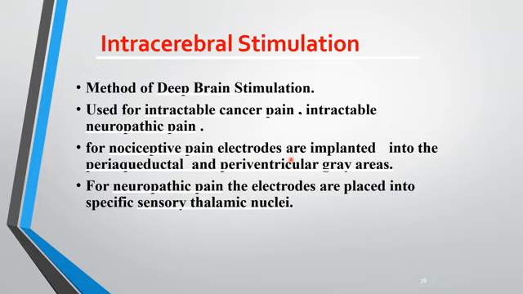So directly into the brain areas, that is central areas, the electrodes are implanted so that the pain sensation is decreased in intractable pain, that is cancer patients. They always have the pain sensation, and also neuropathic pain, that is pain because of nerve injury. So for these patients there is the intracerebral stimulation process.